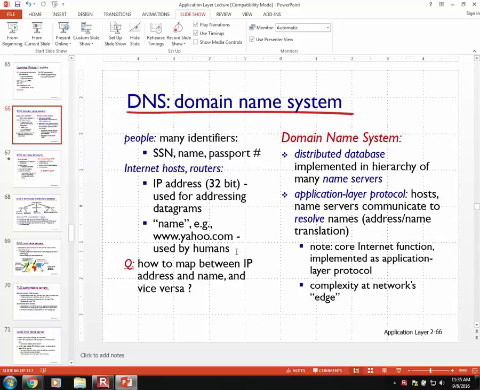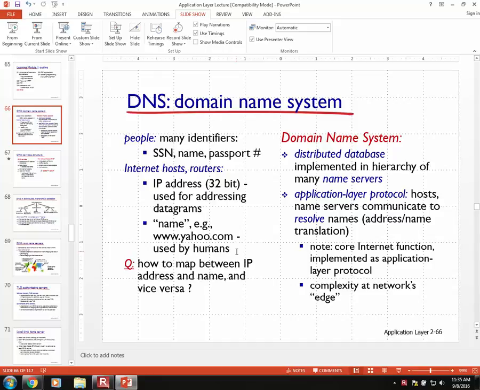Okay, next up, let's talk about the domain name system. The best way to think about the domain name system is in the concept that just like people have different ways to identify themselves, so do internet hosts and routers.